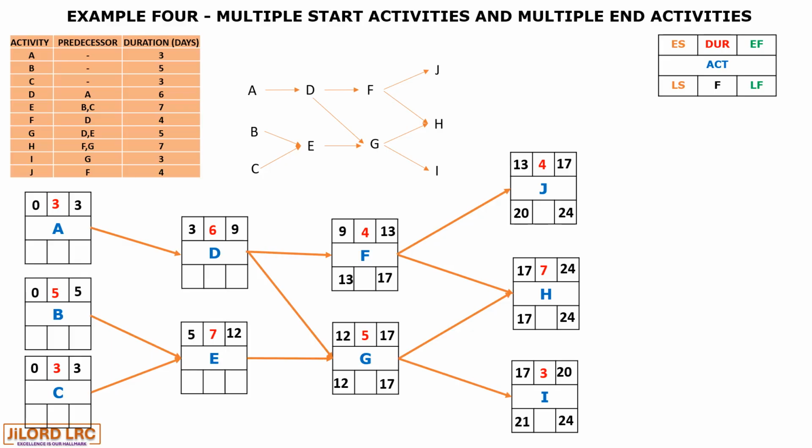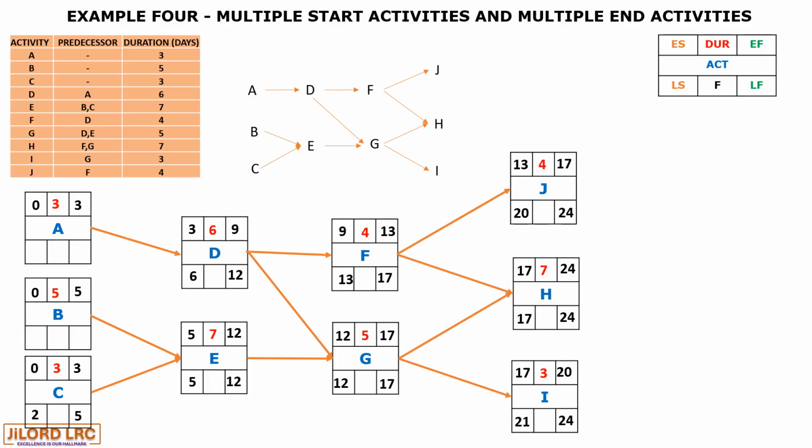So for J, 24 minus 4 is 20. For H, 24 minus 7 is 17. And for I, 24 minus 3 is 21. Now, when conducting a backward pass, the late start always goes to the preceding activity.